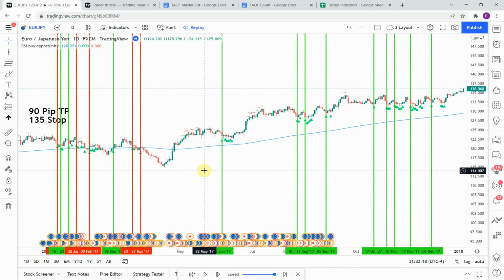So we have 17 trades all together. And we have 1, 2, 3, 4, 5, 6, 7, 8, 9, 10, 11, and 12 winning trades. And so that is going to meet the 60% criteria that we are looking for.